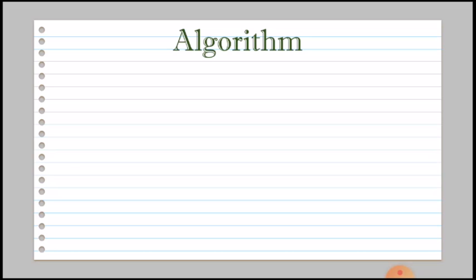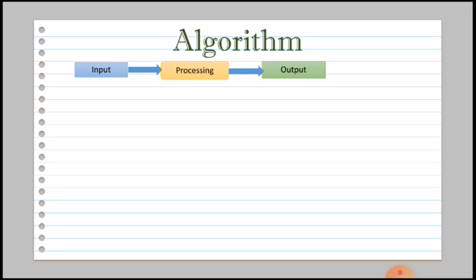As we know, while creating any algorithm, we must include input, process and output in the algorithm. So here in the addition of two numbers example, the two numbers on which we want to perform addition will be our input. The process of addition, that is the calculation part, will be the processing, and the result will be our output.